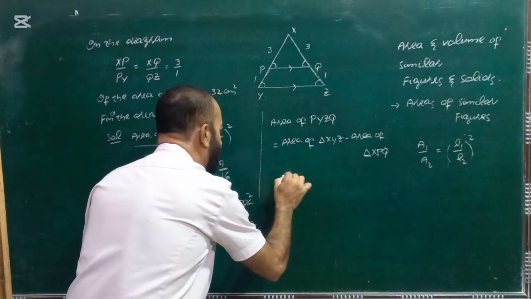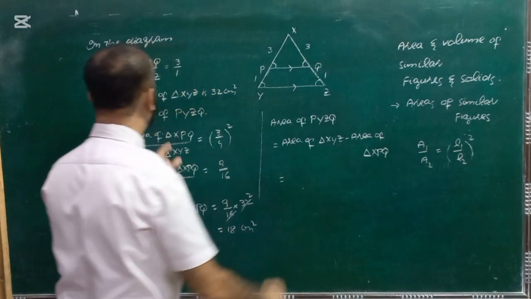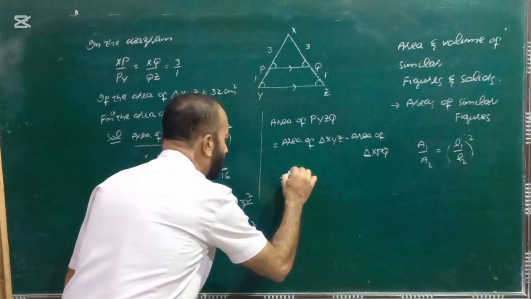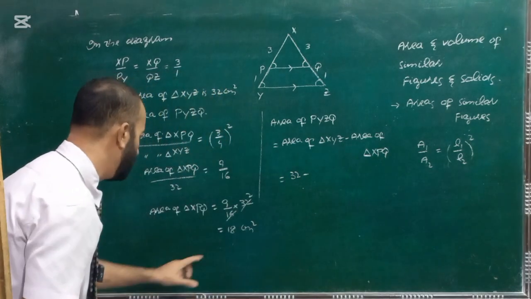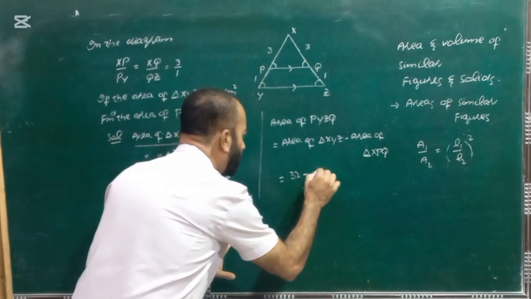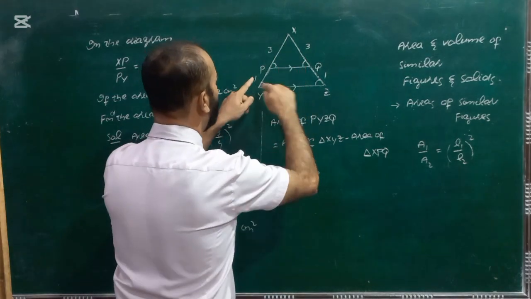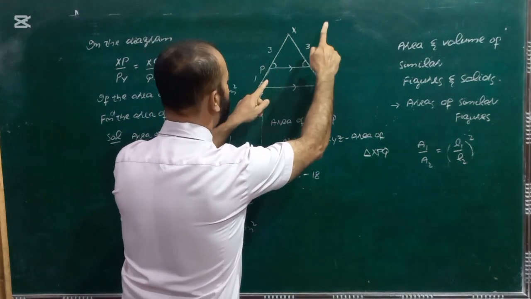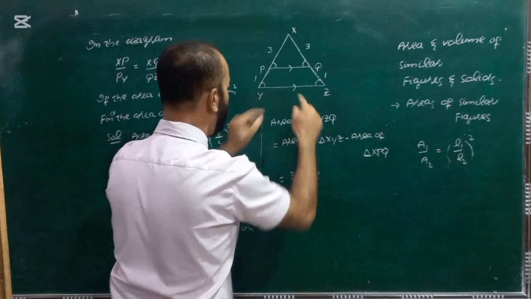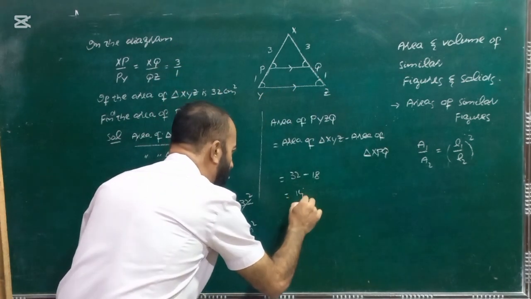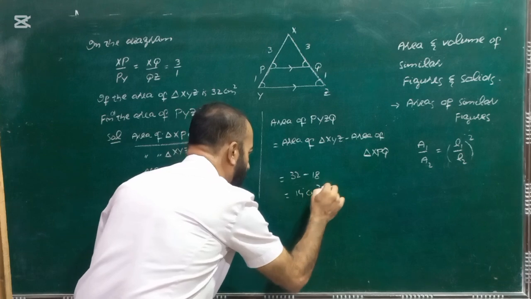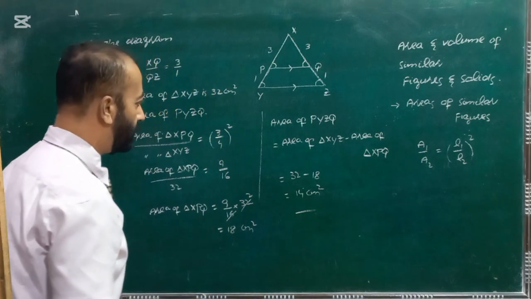Putting values into the equation, XYZ is 32 minus the smaller triangle, 18, because the smaller triangle is subtracted from the bigger triangle. So it will be equal to 14 centimeter square. This is the answer.